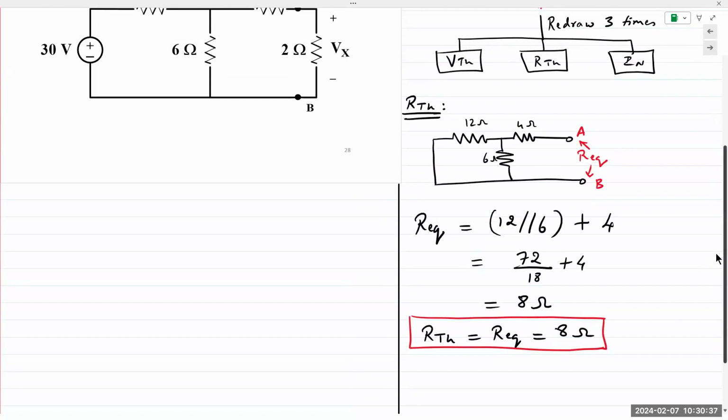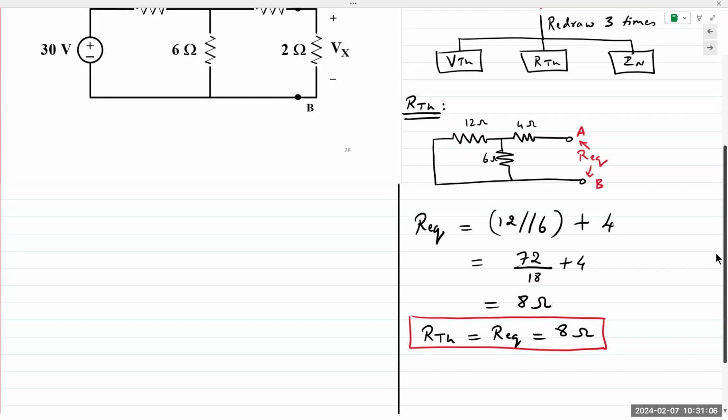That short circuit causes the 12-ohm resistor to be connected in parallel with the 6-ohm resistor. So 12 parallel with 6 gives me 4 ohms, which is then in series with the 4-ohm resistor between the terminals A and B. And hence Req is 8 ohms. So the Thevenin resistance for this circuit is 8 ohms.